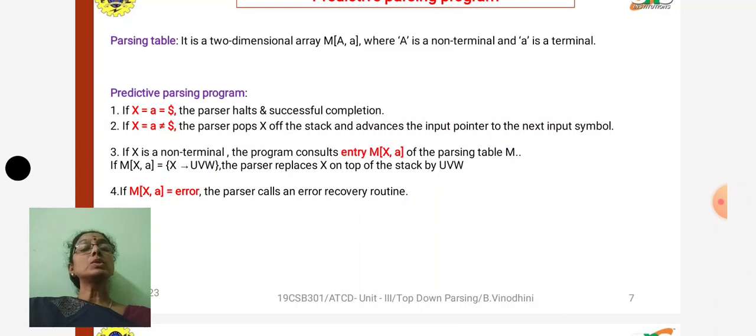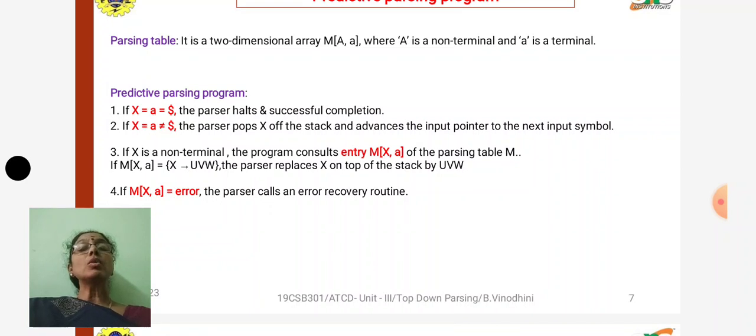There is also an algorithm for the predictive parsing program. If x is equal to a, and that is equal to dollar, we halt the program execution. Second, if x, the top symbol of the stack, is equal to the first symbol of the input buffer but is not equal to dollar, we do the pop operation.